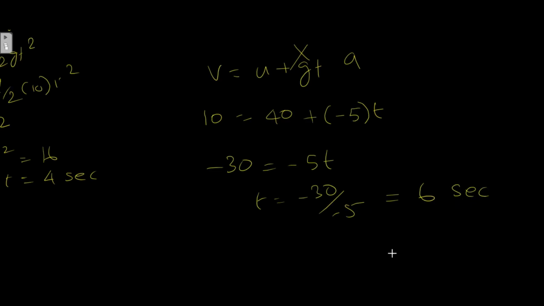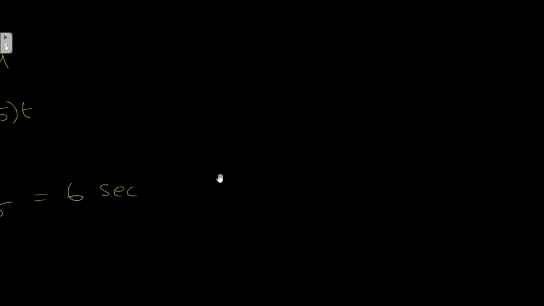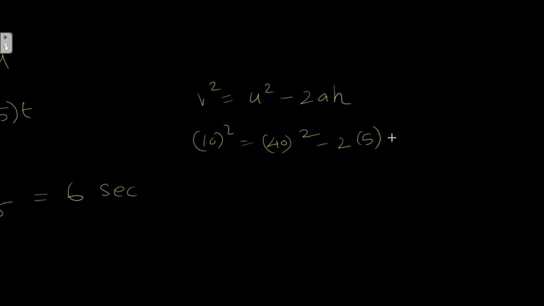Okay, clear? And in these 6 seconds, how much height does he travel? We can find it using v square equals u square minus 2ah. Here v square is 10 square, u square is 40 square, and a is 5.